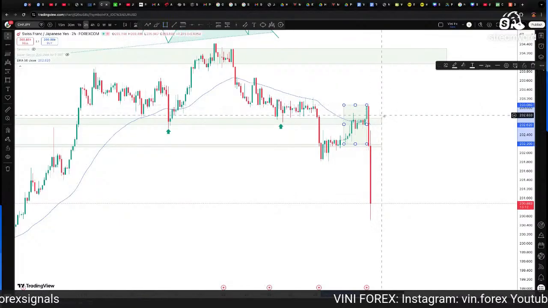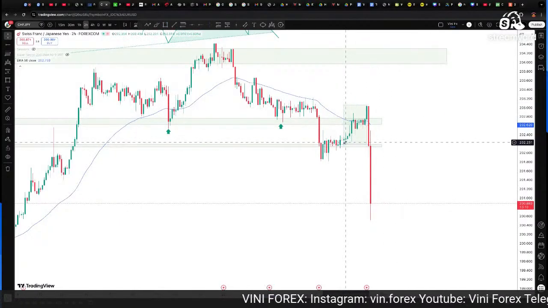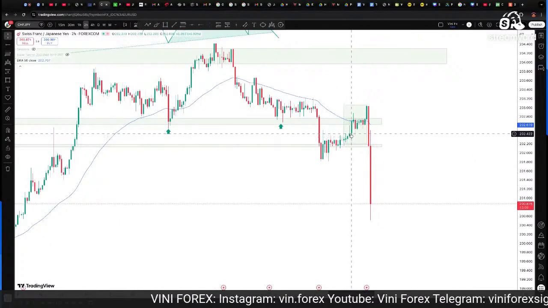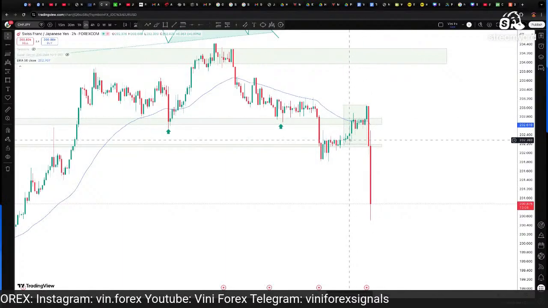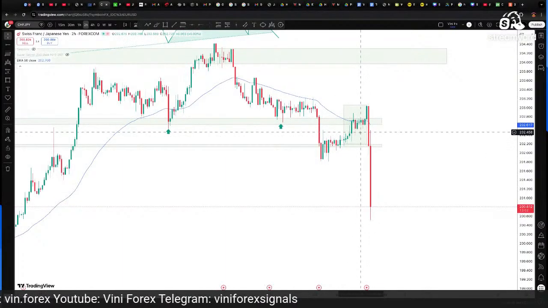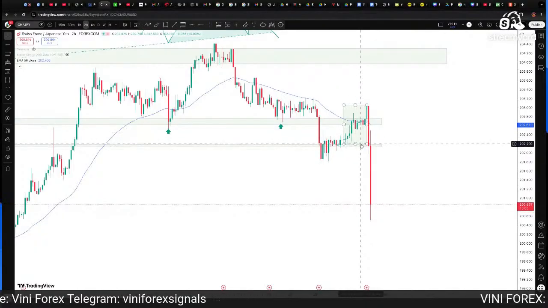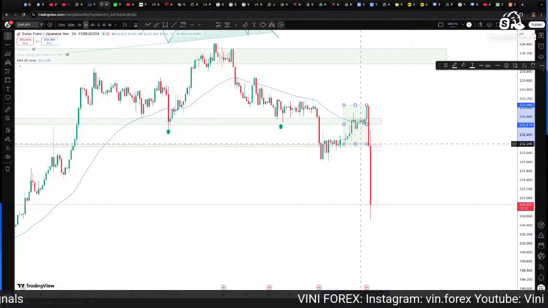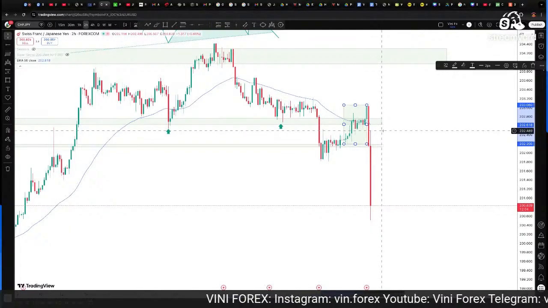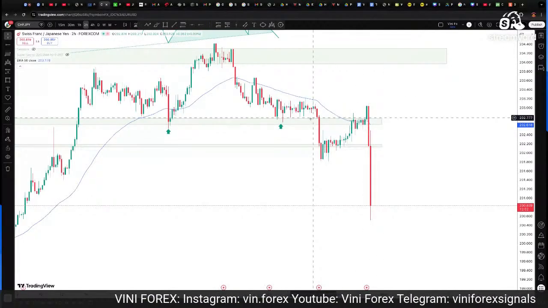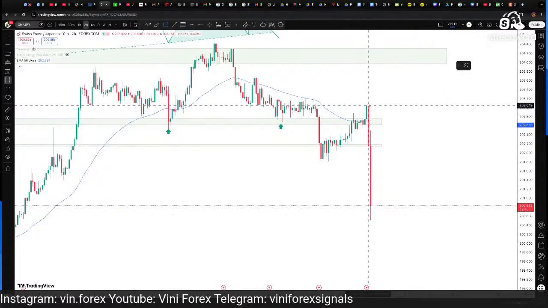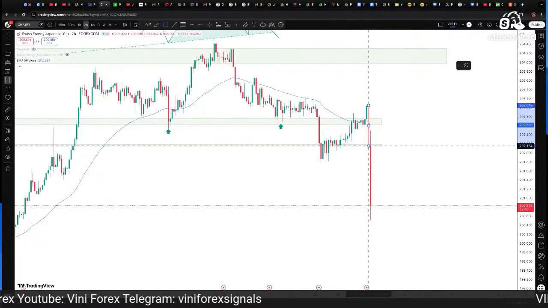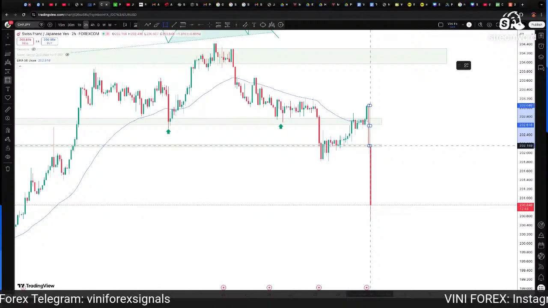Inside this space I've marked out, there are about 14 candles that printed one by one, forming and forming. But these 14 candles that took all this space, one single candle came out and covered the whole space they took, only with one single candle, which is this candle.